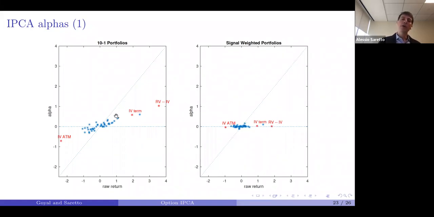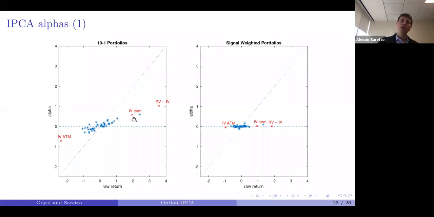When you put it only on 10-1 portfolios that only use 20% of the data, those are the corners, you see that even IPCA can now price some stuff. Even if you take RV minus IV portfolios, the alpha is a lot smaller, more than 3.5 times smaller. It goes from 3.5% to about 1% per month, but it's still somewhat significant.